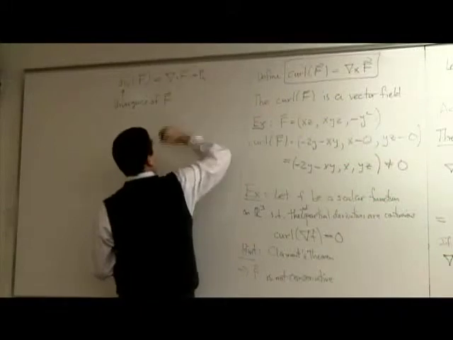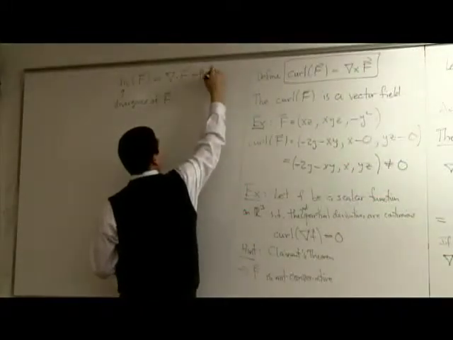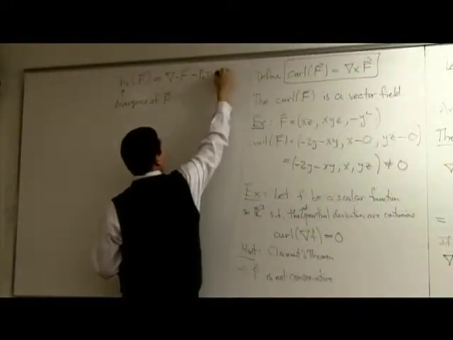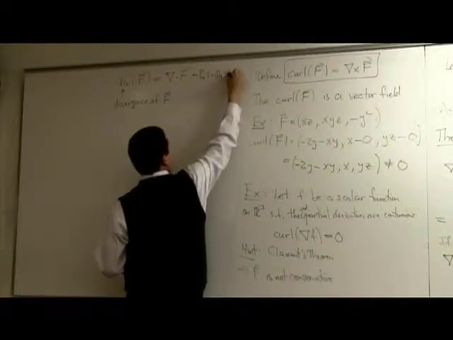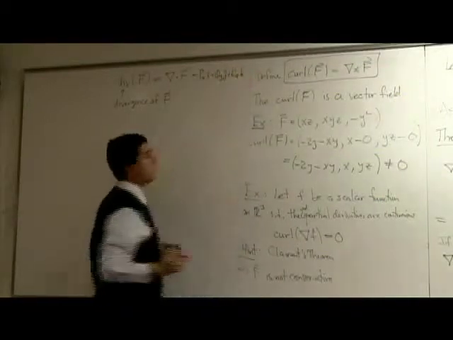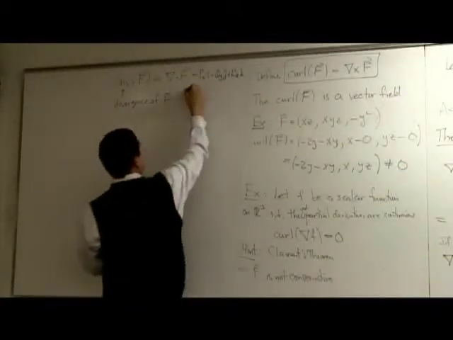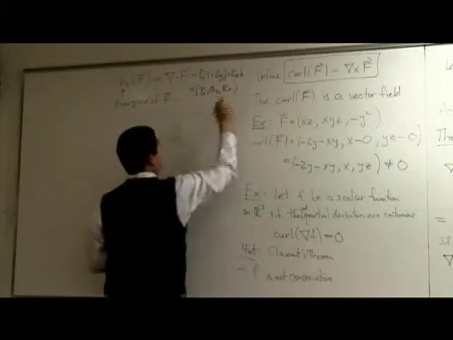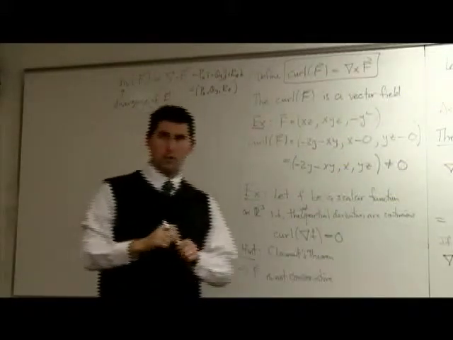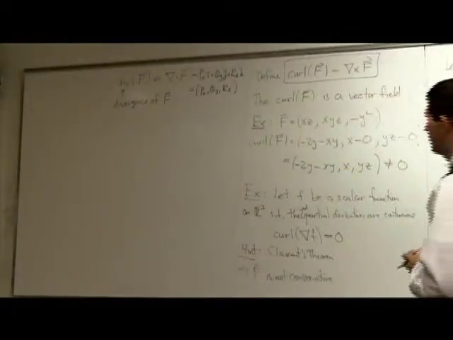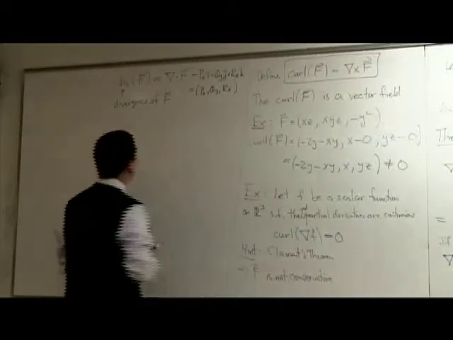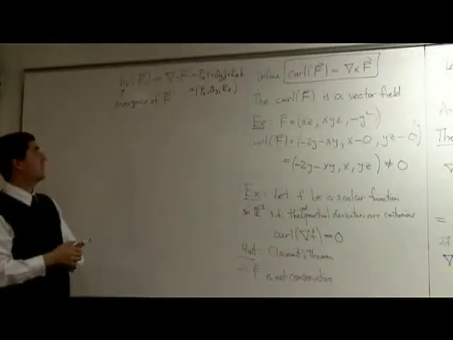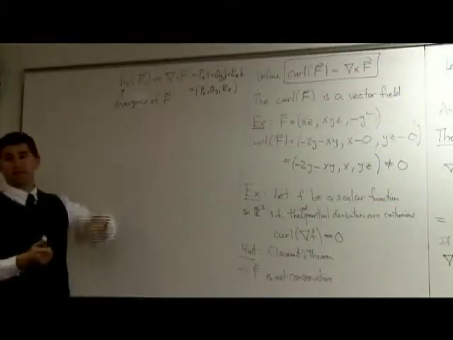So this is the partial of p with respect to x plus the partial of q with respect to y plus the partial of r with respect to z. Or in vector notation, p_x, q_y, r_z. Either way. Well, that looks a lot nicer.